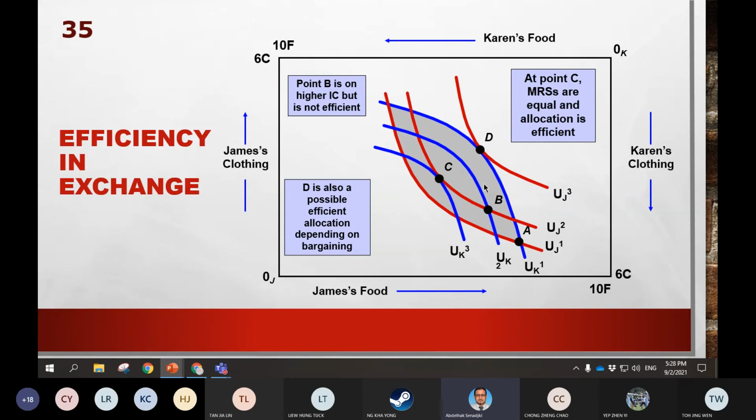If they intersect, they can be better off from A to B, but they are not efficient. So they can be more, so they can move to C or D.